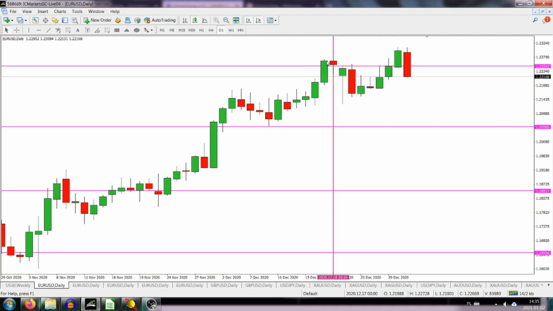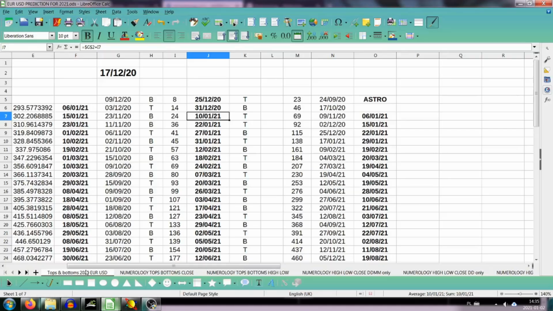So I calculated this one as an important point of the market, and based on this date, 17/12/2020, I calculated future potential reversal points. The first one, by simple mirroring, shows 10th of January, bear it in mind, but here is calculated 6th of January.